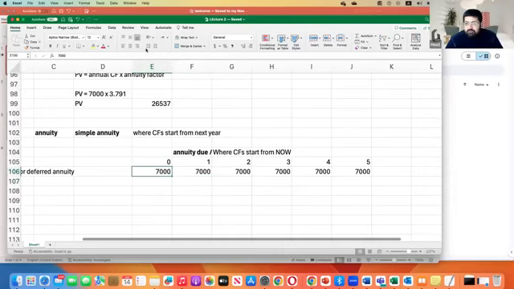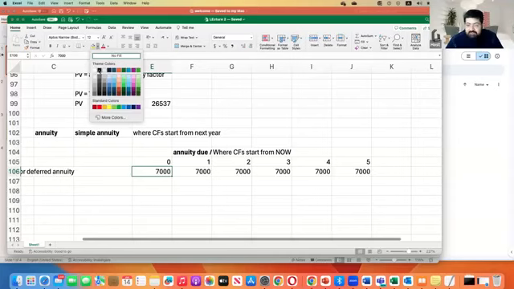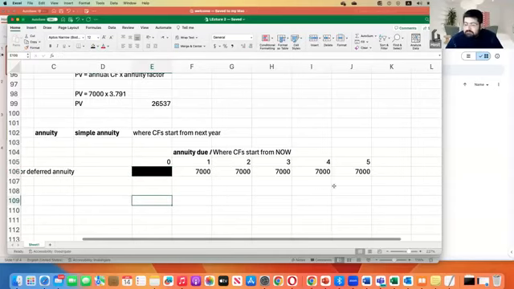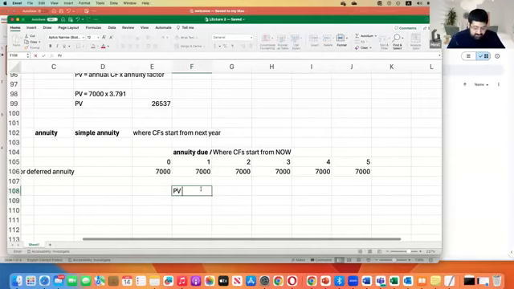If we ignore this for the time being, what is it? It is simple annuity, right? The remaining is simple annuity. So simple annuity, present value formula is annual cash flow into annuity factor.